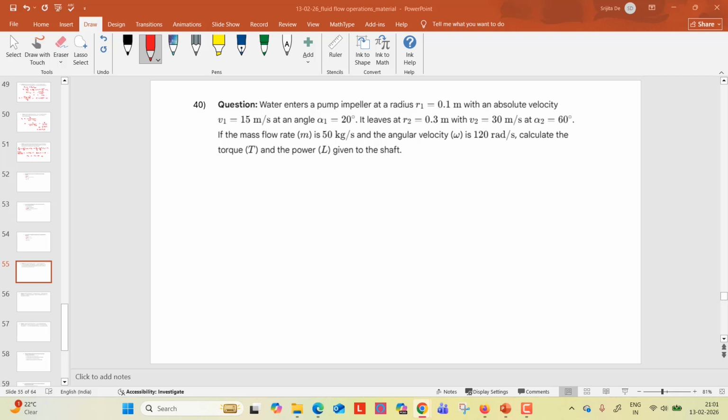So, water enters a pump impeller at radius r1 and absolute velocity this and at an angle alpha 1, and it leaves at r2 alpha 2, and all these are mentioned. If the mass flow rate is 50 kg per second, angular velocity is 120 radian per second, calculate the torque and the power.